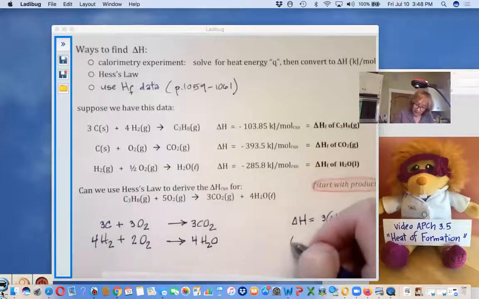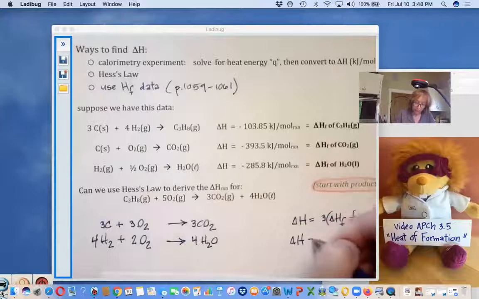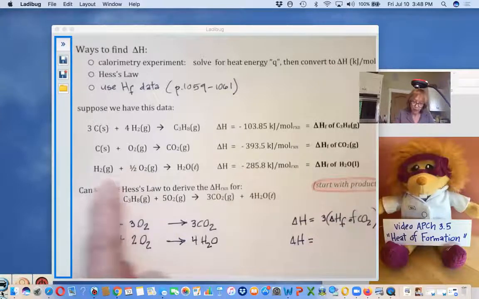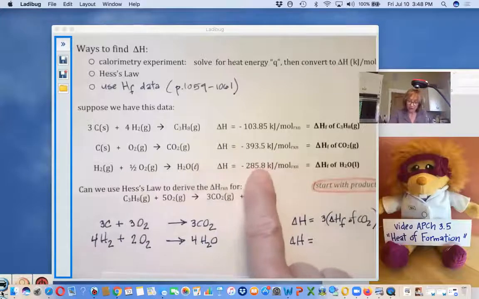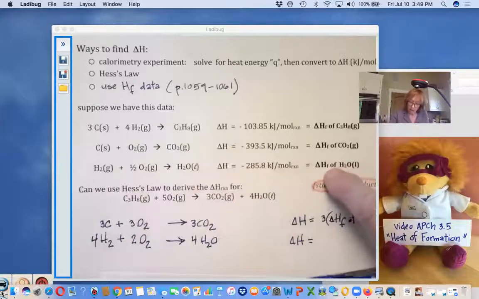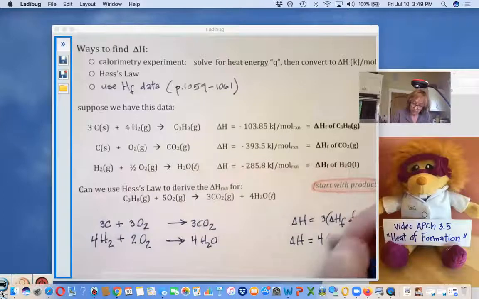And the delta H, when I multiply through by 4, would be 4 times this number. But for now, I'm just going to say 4 times the heat of formation of H2O.